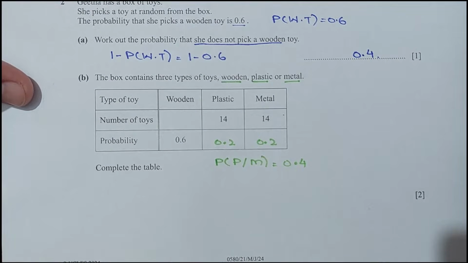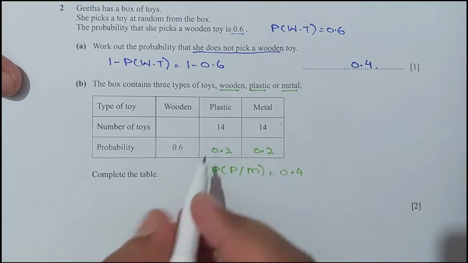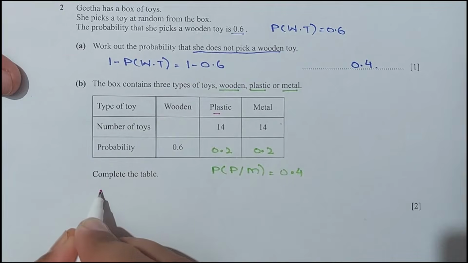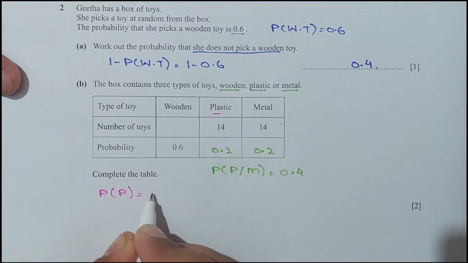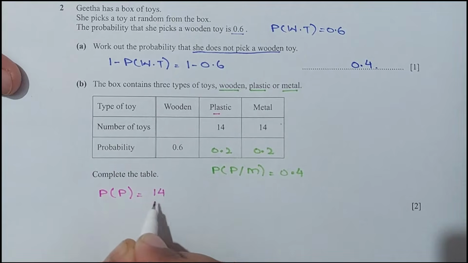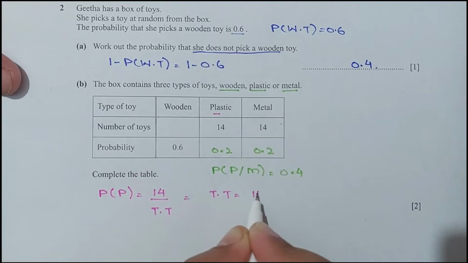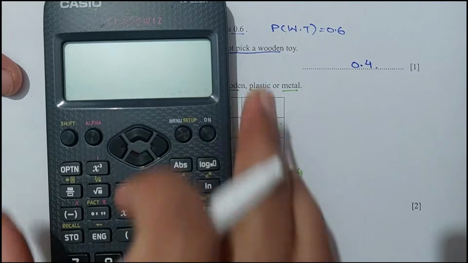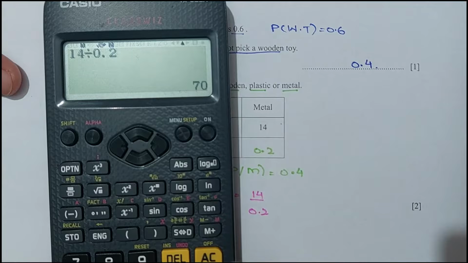Now we have to find the number of wooden toys. How do we get this? The probability of the plastic toy is equal to 14 plastic toys divided by the total toys. So the total toys would be 14 divided by its probability, 0.2. 14 divided by 0.2 is 70.